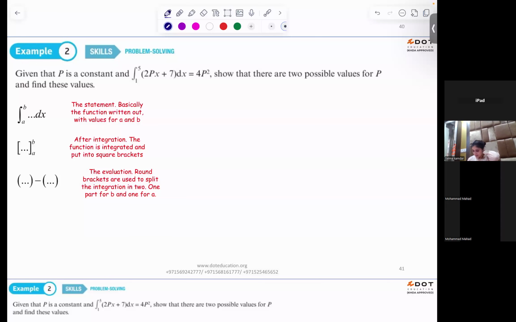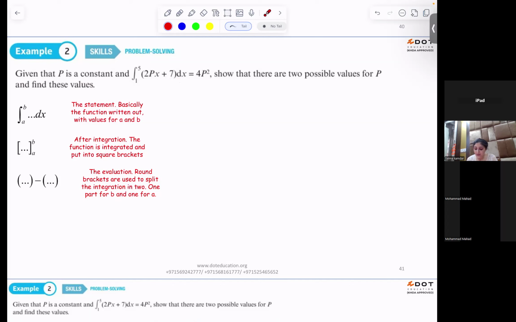Share your screen. So this is another example. You're given that p is a constant, you need to integrate 2px plus 7. Remember, p is a constant, 2 is a constant. So this entire term 2p is a constant. Plus 7 with respect to x is equal to 4p square.